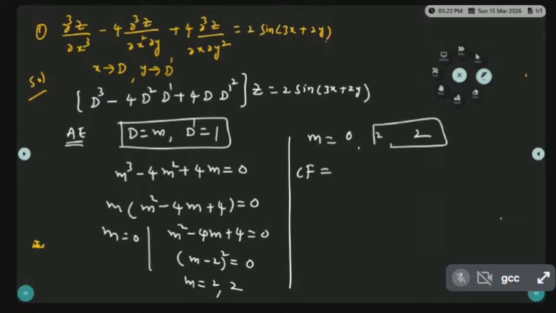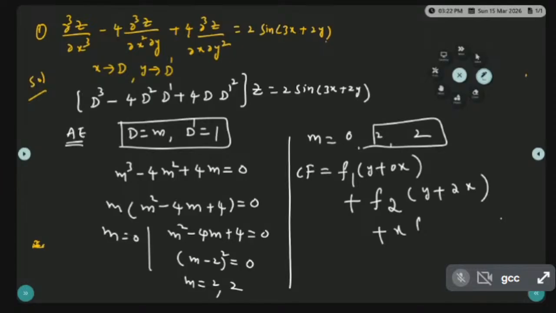This is repeated, so F2 of y plus x. And F3 of y plus 2x.